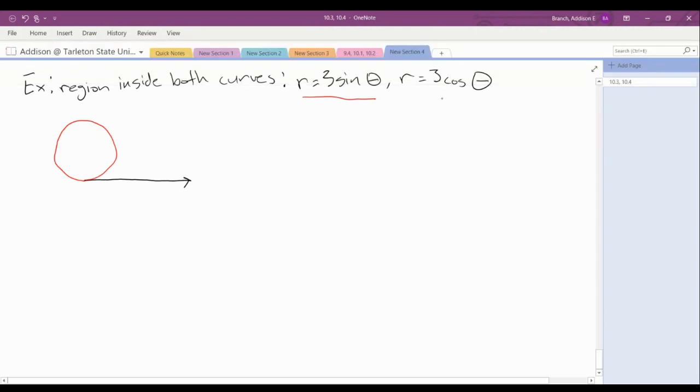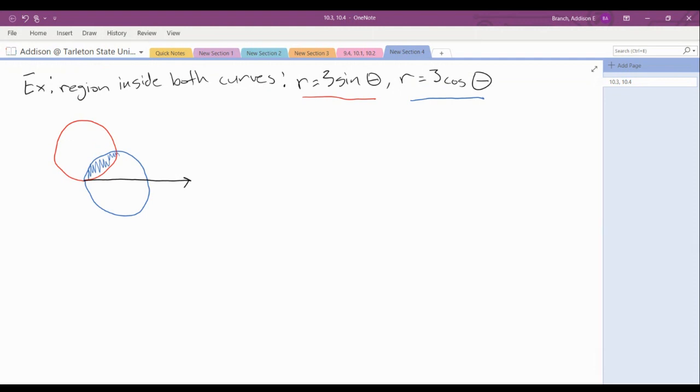And then r equals 3 cosine of theta is going to be a circle going straight out to the right, once again with a diameter of 3. Since we're trying to find the region inside these two curves, we know it's going to be this section right here.